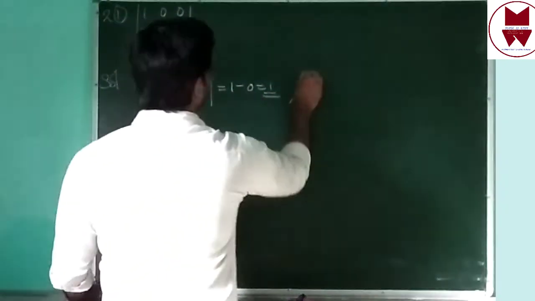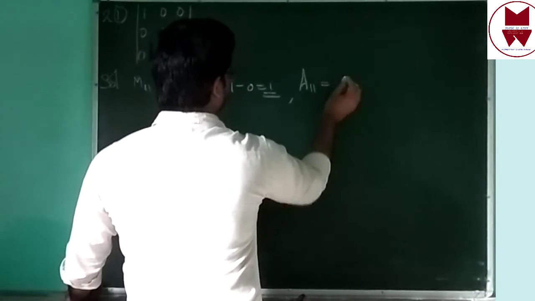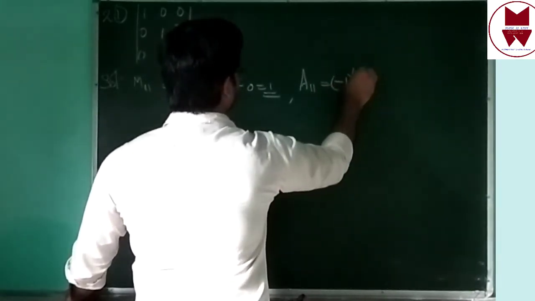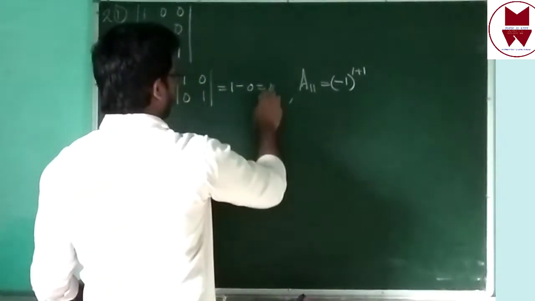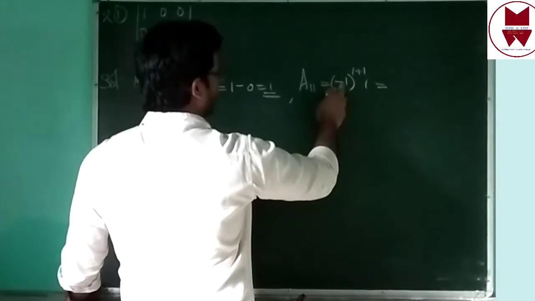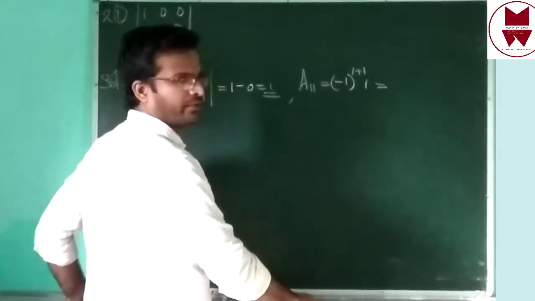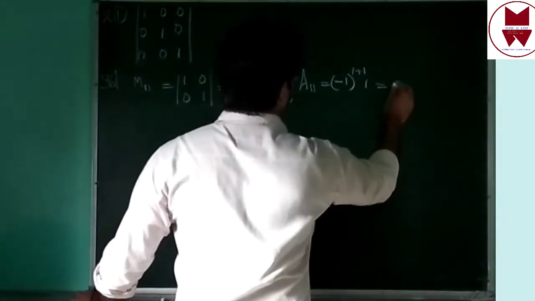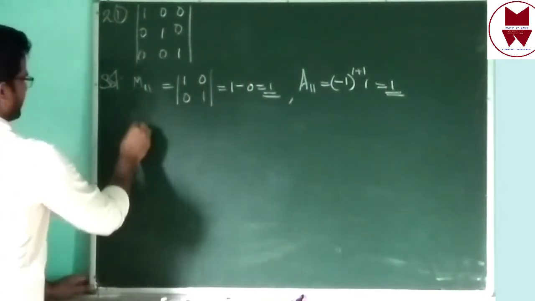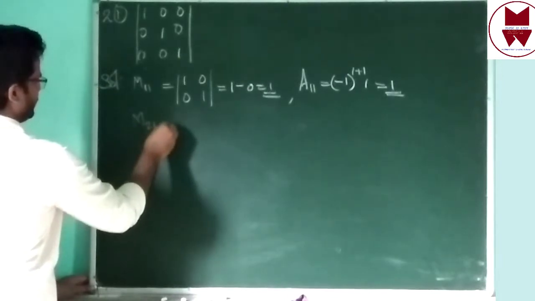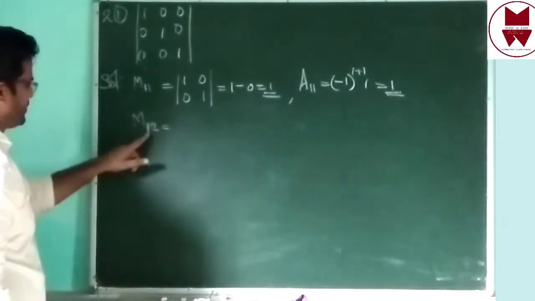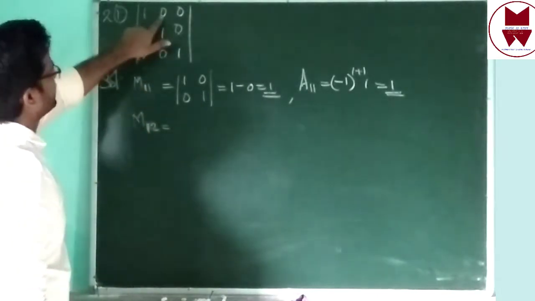Then A11 equal to minus 1 all raised to 1 plus 1. Then already we got it minor, that is 1, equal to what you will get minus 1 all square, that is minus 1 into minus 1 plus 1 into 1 will get 1. Next M12. First row, second column, this number.